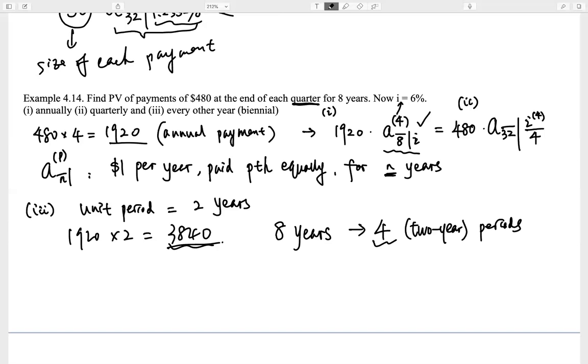So now this is my accumulation factor for 2 years, or for one period. This equals... Now the interesting thing is 1/2.